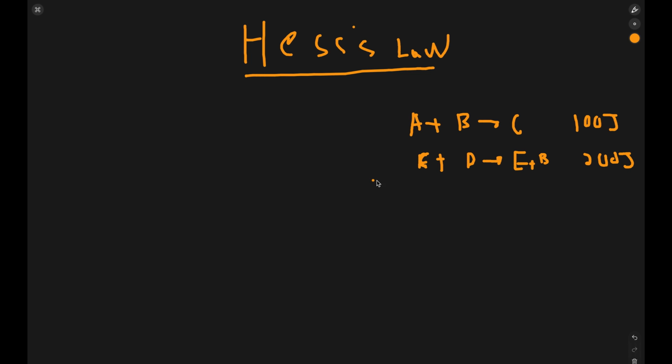So what you can do is combine these two equations. The C's would cancel out because they're on both sides of the equation, and the B's would also cancel out.